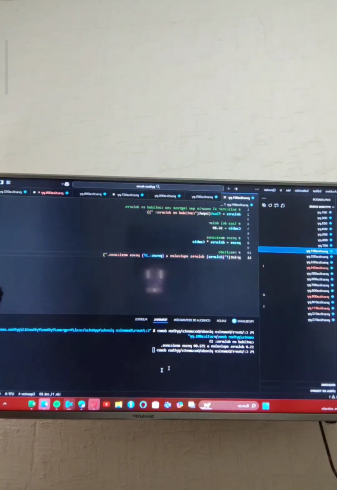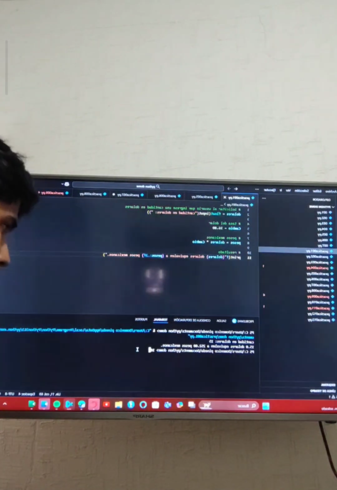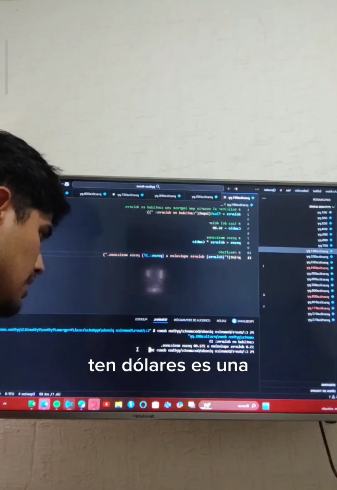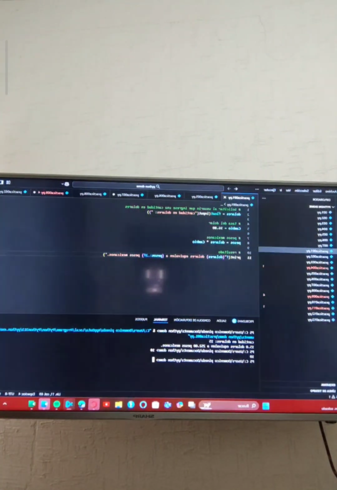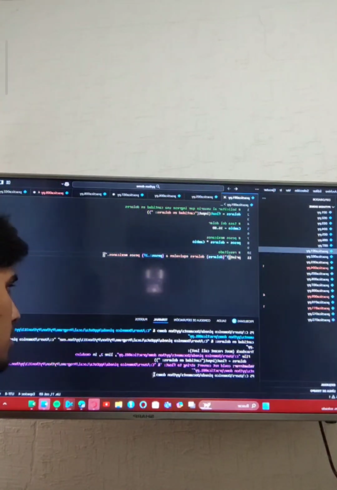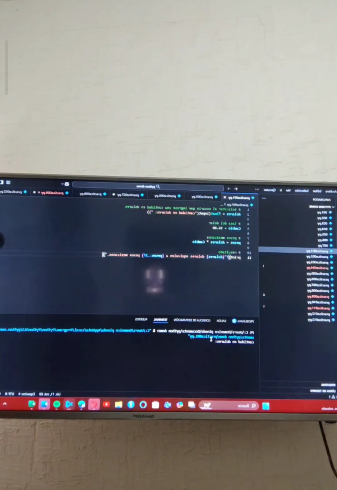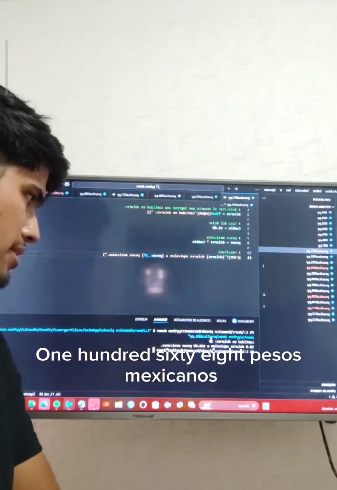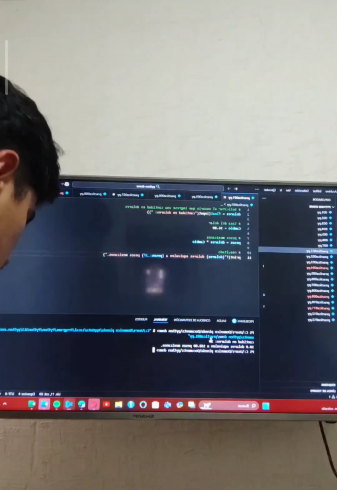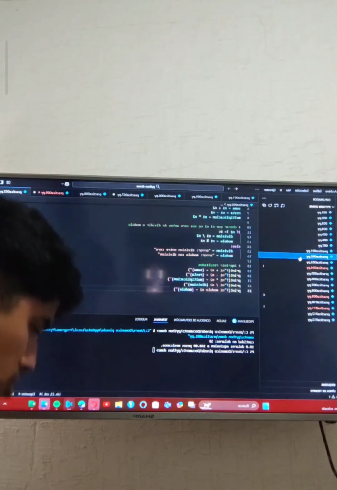For example, $10 is 168 pesos mexicanos. This is practice 2.